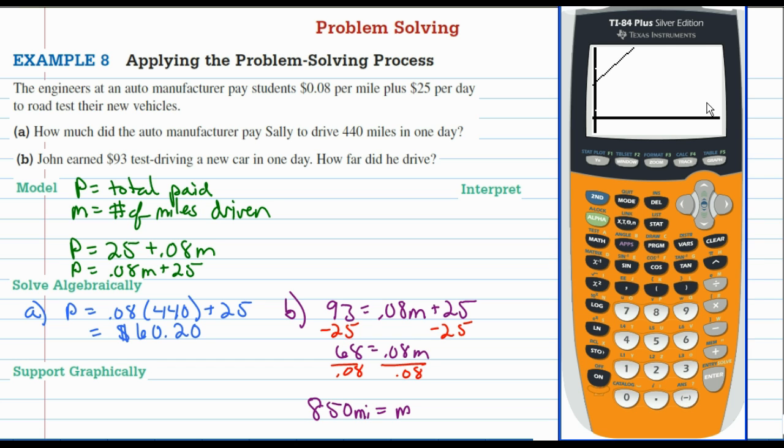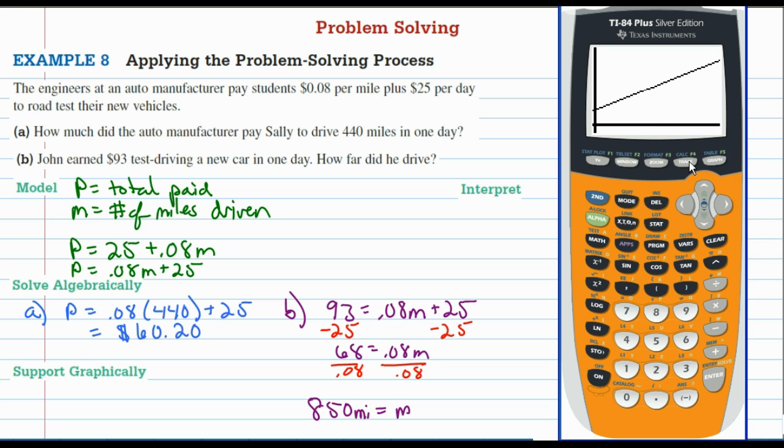Now that tells me that I haven't gone high enough because he earned $93, so I can take my Y max and go up to maybe $125 to see all of the values I need clearly. There we go. Now I have a nice line that goes all the way out to 1,000 miles and up to $125.